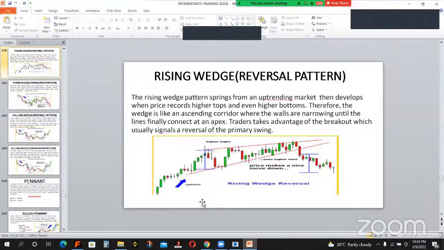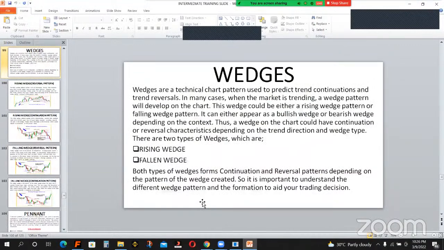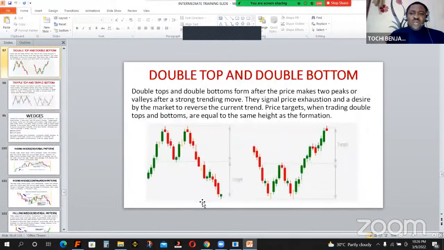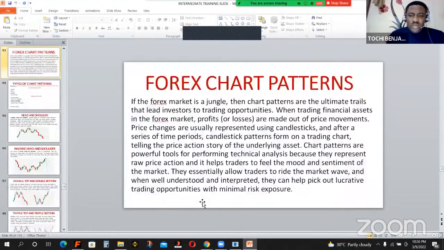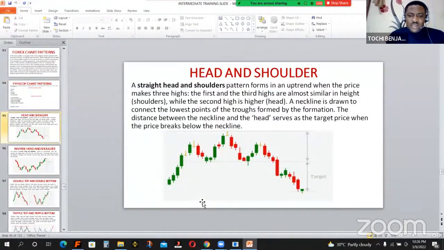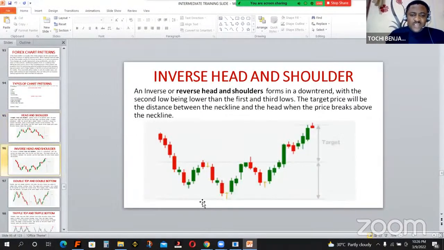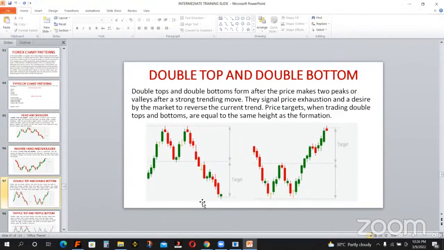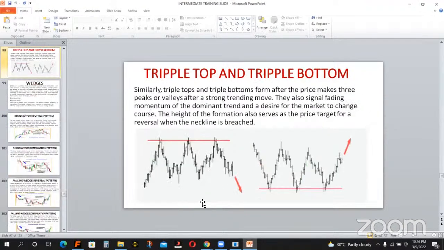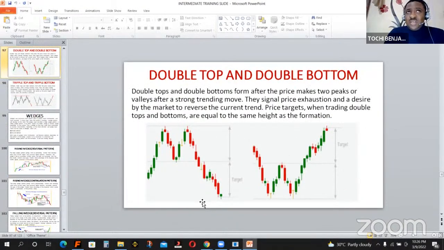We'll be taking you through all of this. Taking you through the wedges, head and shoulder pattern, inverse head and shoulder pattern, double top and double bottom. This double top and double bottom, and that retracement. That retracement will tell you, is it at 50 or 61.8? You should know which one you use.